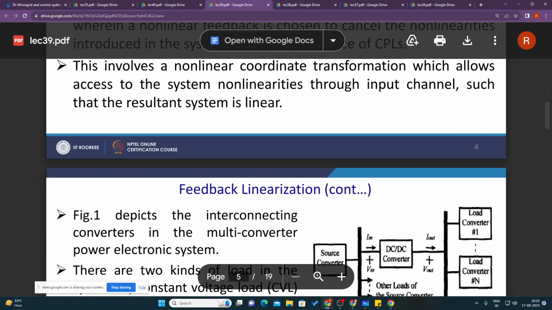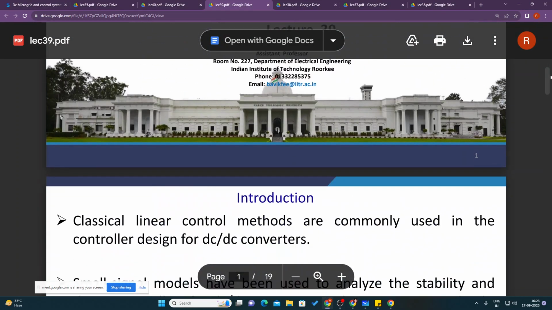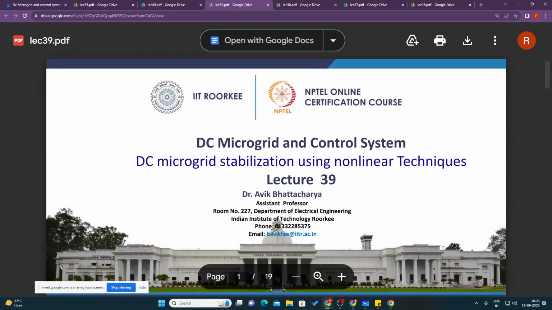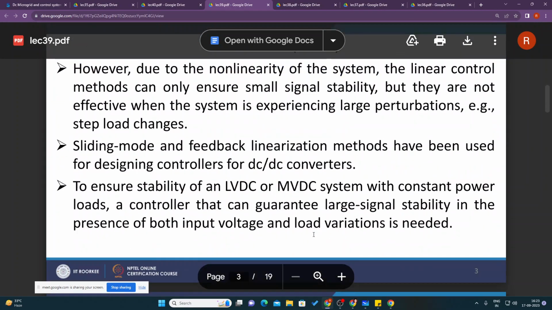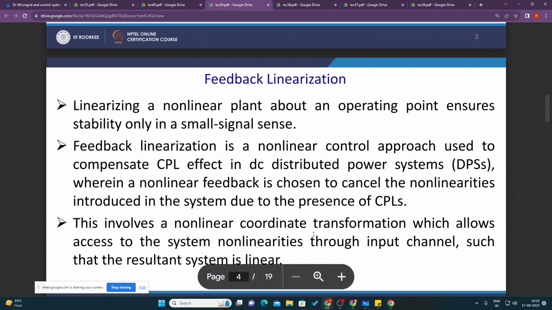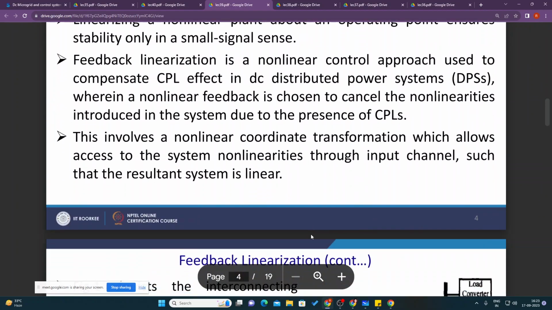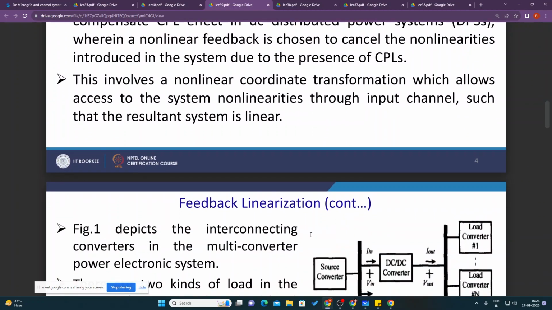The last lecture actually comprises non-linear techniques, sliding mode control and feedback linearization. These are some non-linear control techniques. Honestly, I also don't know them properly, so I can suggest some books where you can go through these if you want to.